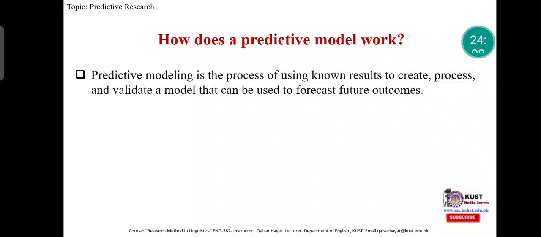Yes, if we are able to predict, the model is complete. So there may be already concluded data, already conclusions would be there. There would be an already known process, and a validated model would also be there.